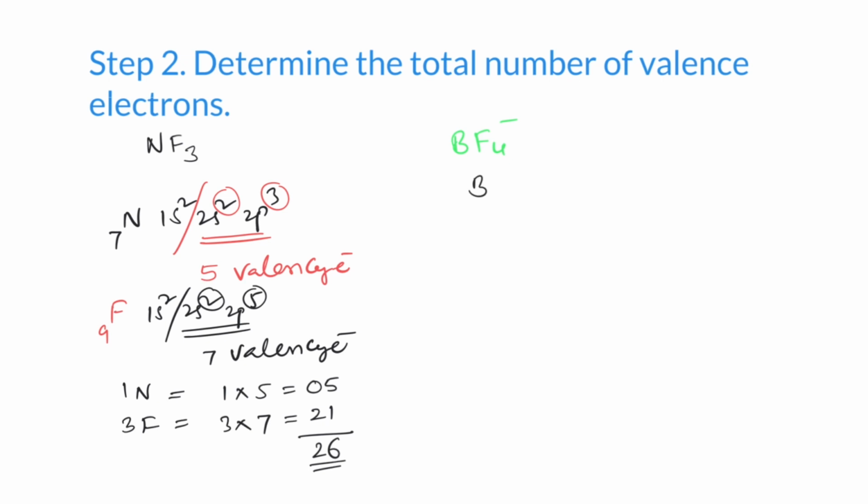Similarly, boron atomic number 5, 1s2, 2s2, 2p1. This is the valence electrons. Total valence electrons, that is 2 plus 1, that is 3 electrons.